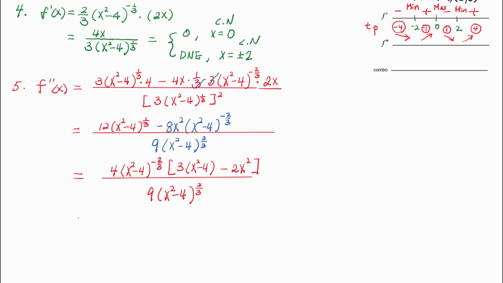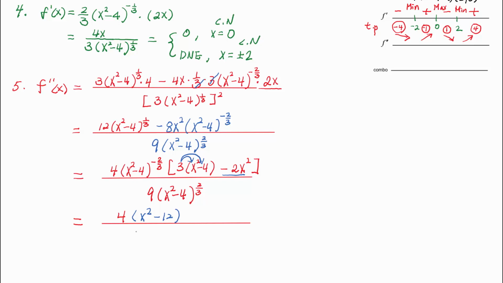Simplify one more time. On the numerator, you have 4 times... now, distribute inside of the bracket, you get 3x squared minus 2x squared gives you positive x squared. 3 times negative 4 gives you negative 12.